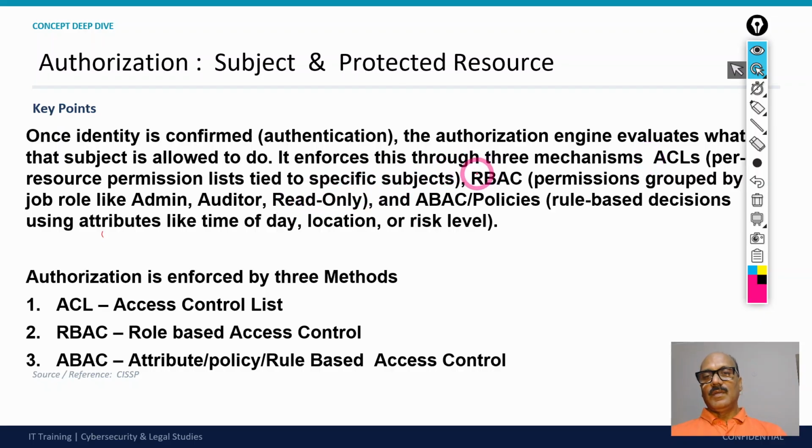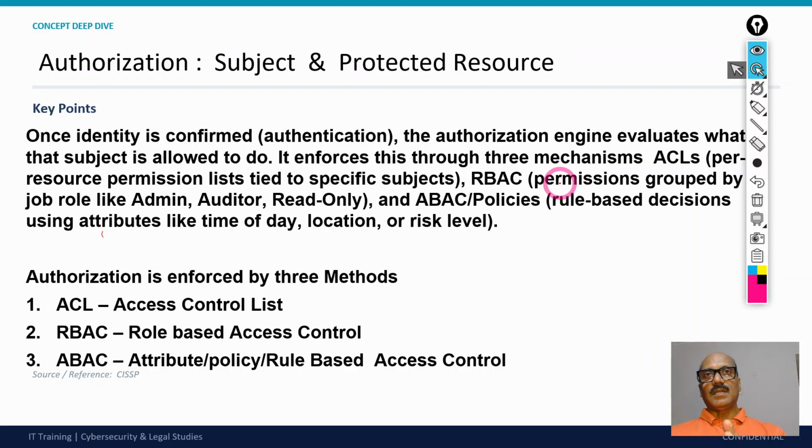Then comes role based access control. Permissions are given by role. In the earlier case, the permissions are sitting on the resource itself. Here it's a little different. We are creating a role, and for that role we are giving the permissions.